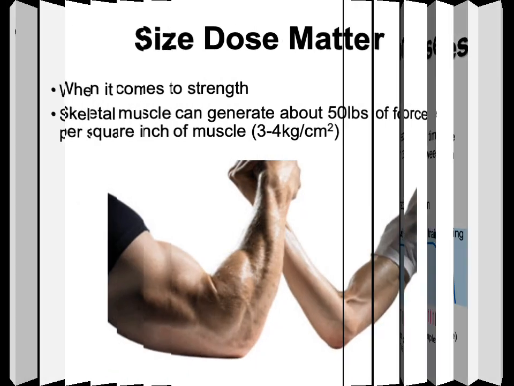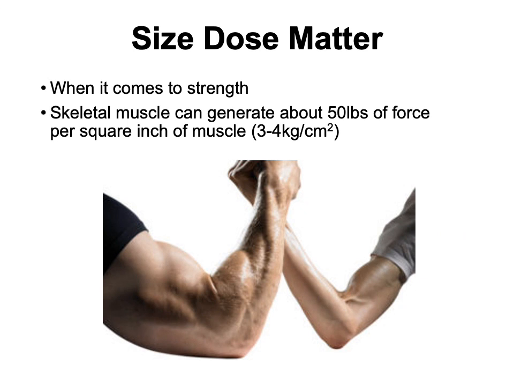In skeletal muscle cells, size does matter when it comes to strength. Skeletal muscle can generate about 50 pounds of force per square inch of muscle, or 3 to 4 kilograms per square centimeter of muscle.